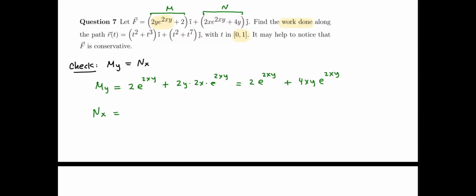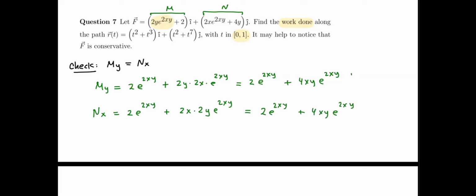Differentiate 2x, you get 2e to the 2xy, plus, keep 2x, differentiate e to the 2xy, that's 2y e to the 2xy. I meant to write 2y. Now clearing things up, we got 2e to the 2xy plus 4xy e to the 2xy.